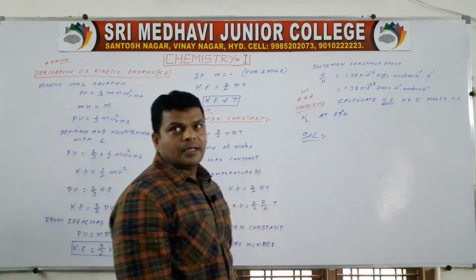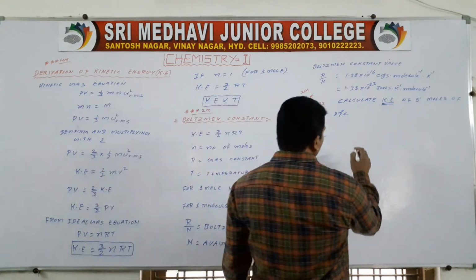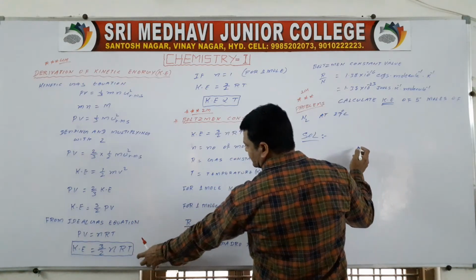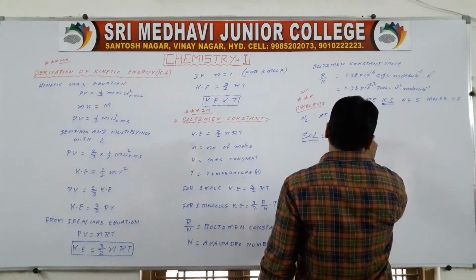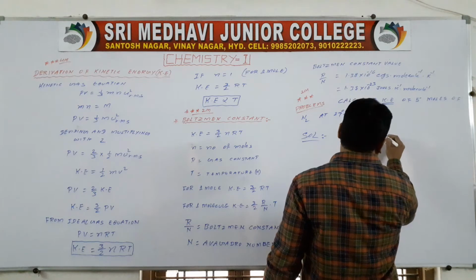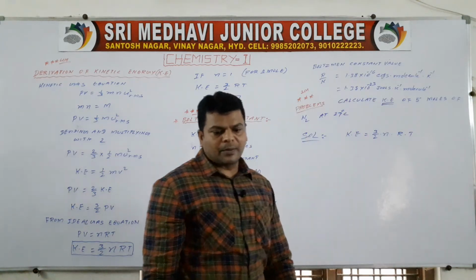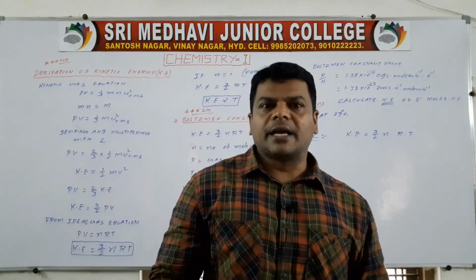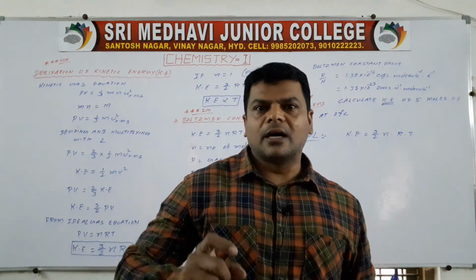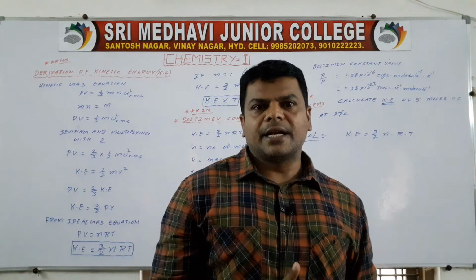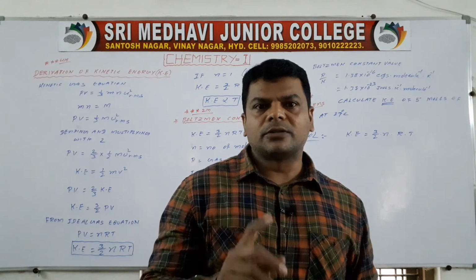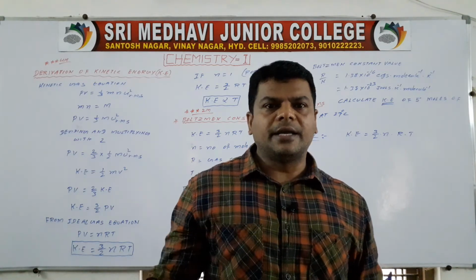What is the formula for kinetic energy? Kinetic energy K equals 3 by 2 nRT.